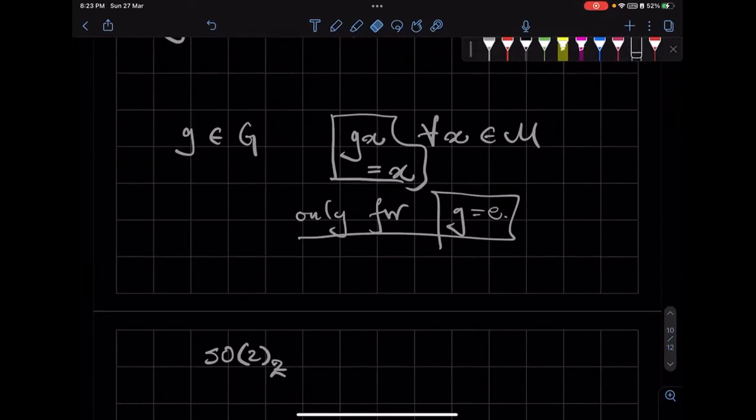And if this is satisfied only for G equals E, then it is effective. So can someone give me an example of an effective action? Another effective action.